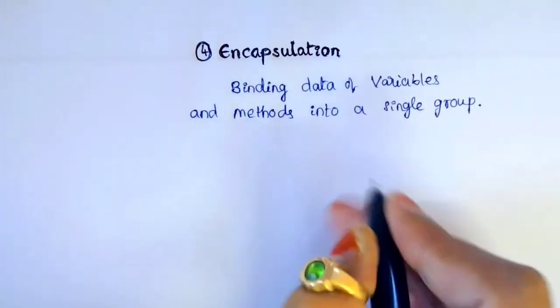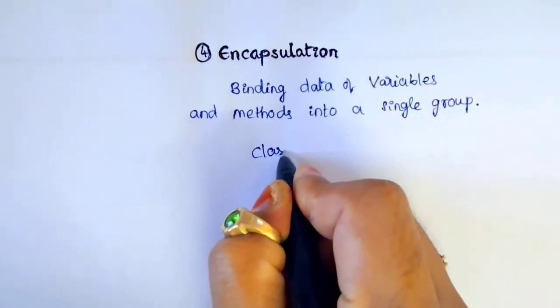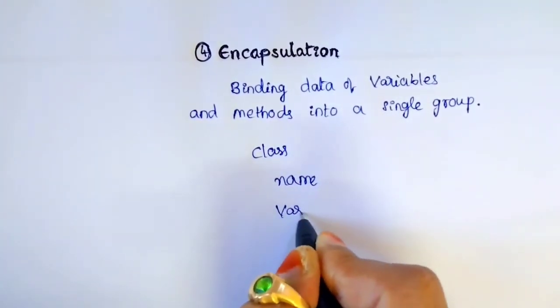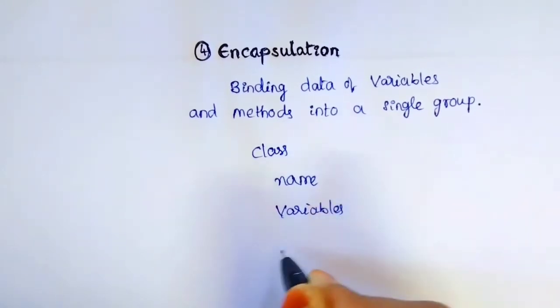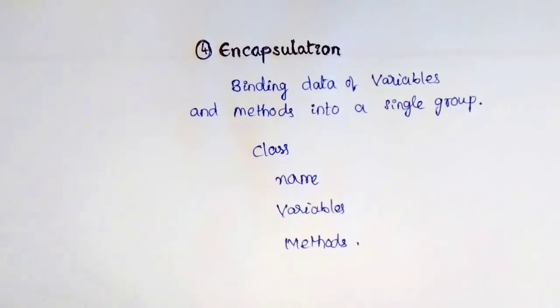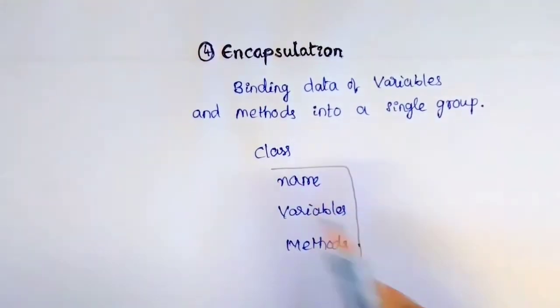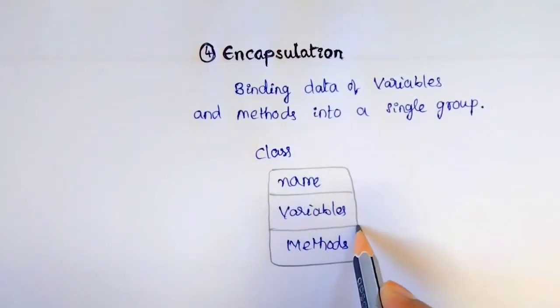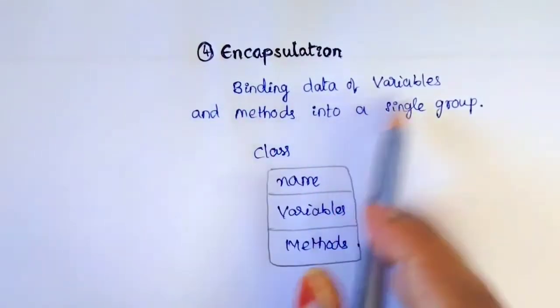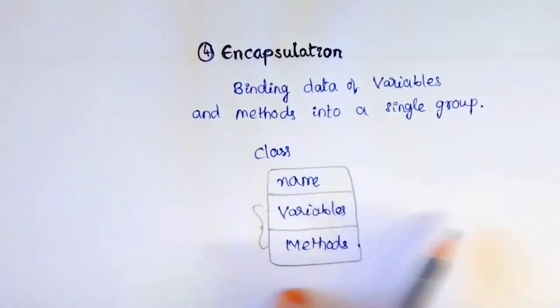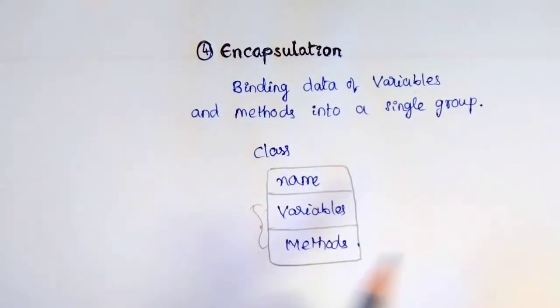Let's take an example. A class has name variable, methods. So binding of variables and methods into a single unit is encapsulation.